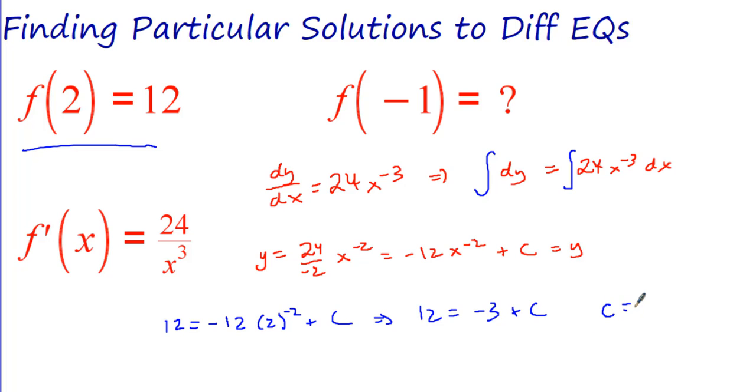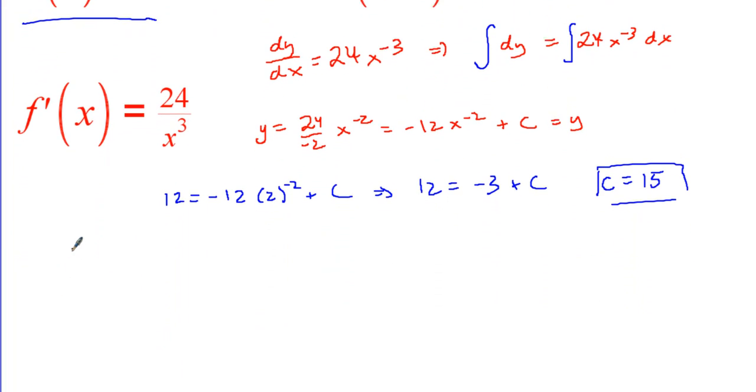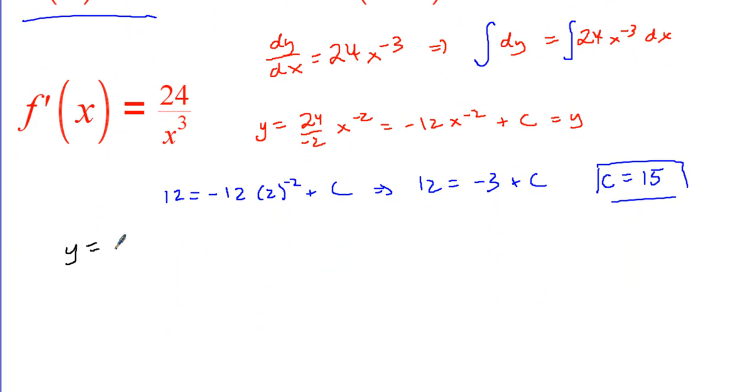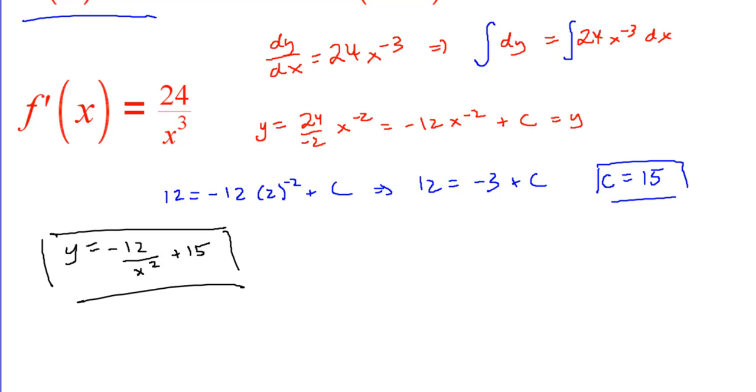What is c going to be? c is going to be 15 for the particular solution. So my particular solution of this Diffie-Q is y equals negative 12 over x squared plus 15. That is my particular solution, because it worked with the number they gave me.